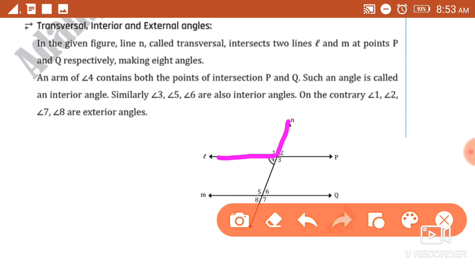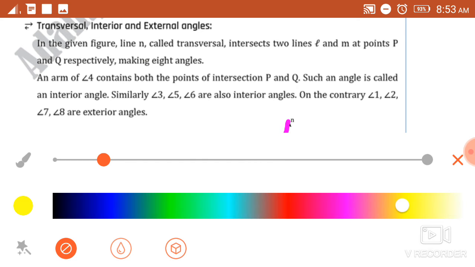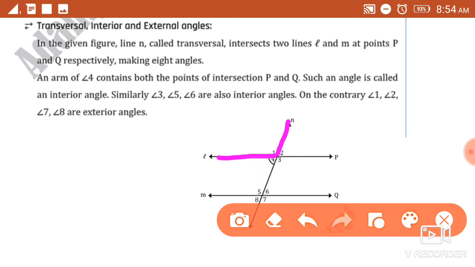Here we can see that only one point is included in this angle, and that is point P. If only one point is included on the arms of the angle, such an angle is called an exterior angle. If both the points of intersection lie on the arms of the angle, then such an angle is called an interior angle.